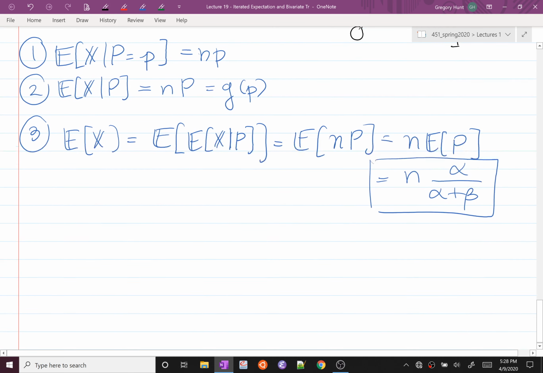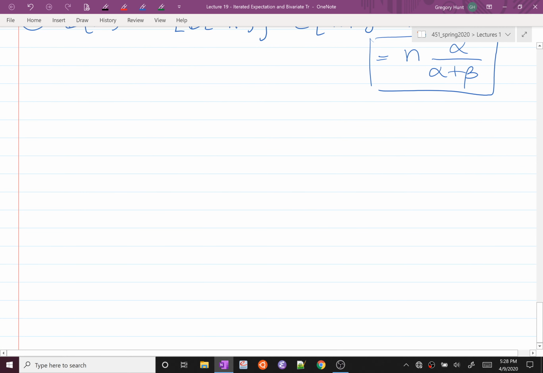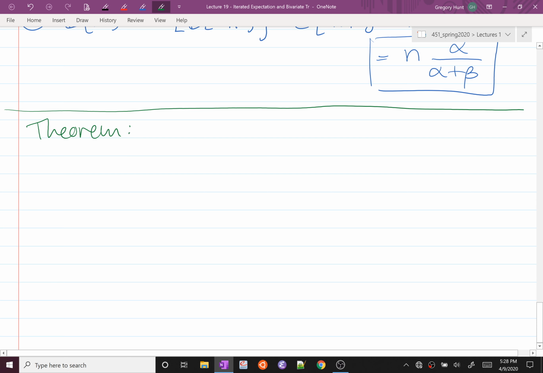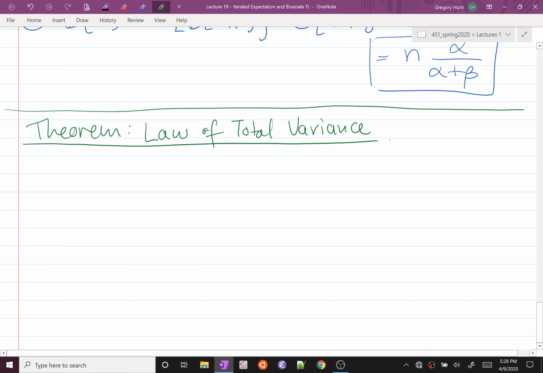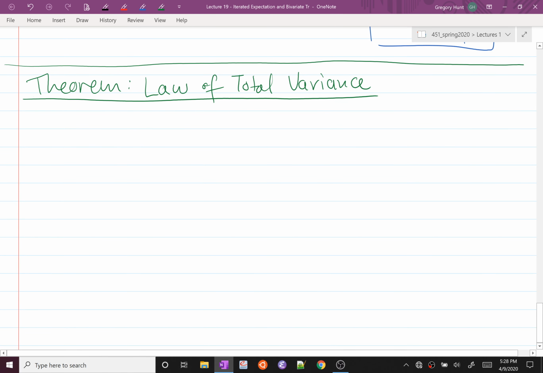So there's this theorem for iterated expectation, and of course variance is just a certain kind of expectation. So we can also get a theorem of kind of iterated variance. It's actually called the Law of Total Variance. It's a little more complicated than the iterated expectation, but it's proved using that theorem.